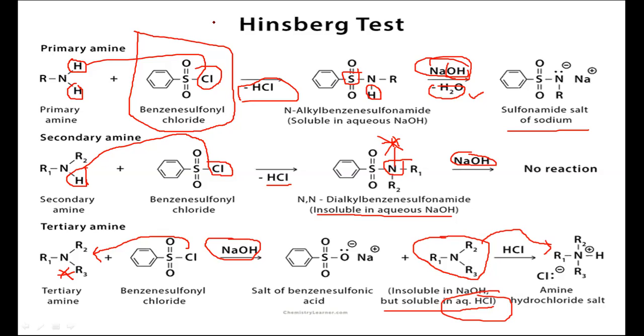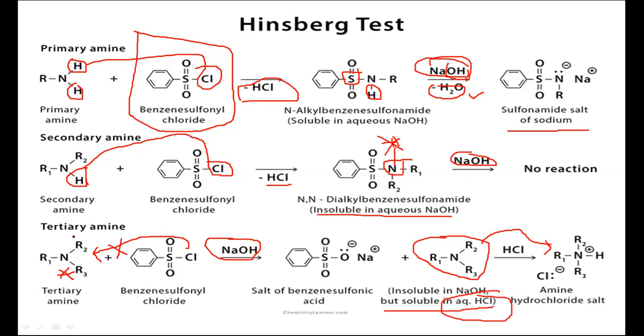Okay, what is the role of benzene sulfonyl chloride in the amines? It reacts with the primary amine, and the product formed is soluble in NaOH, whereas it reacts with the secondary amine, but the product is insoluble in NaOH. In the case of the tertiary amine, it won't react because there is no hydrogen.